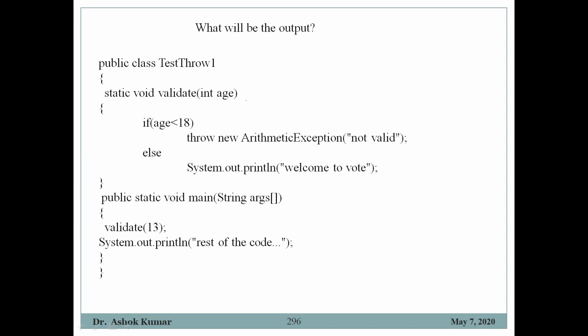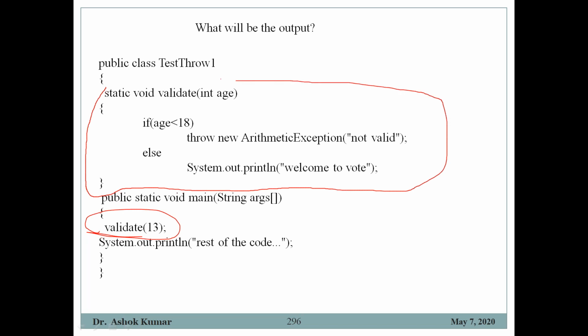So in this case, see, we are calling this validate from the main method. Validate is another method in the class, a static method. When it is called, we are passing it age.